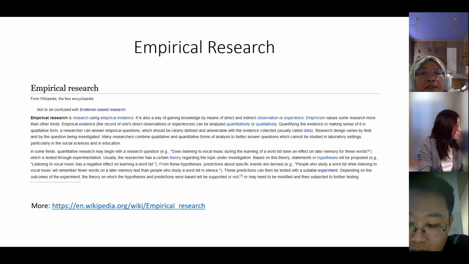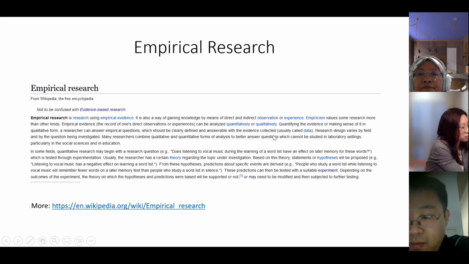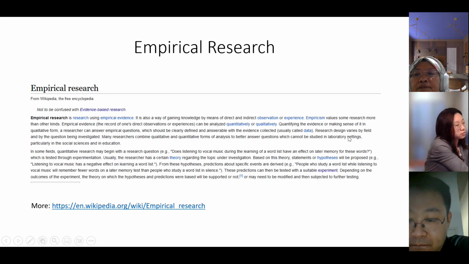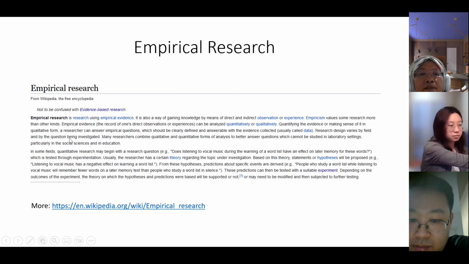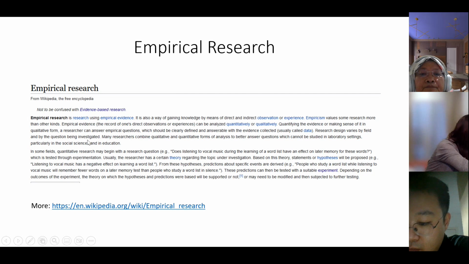So quantitatively means that you answer some empirical question by looking at the evidence collected, and the research design varies through the discipline, and by the research questions that you have constructed.